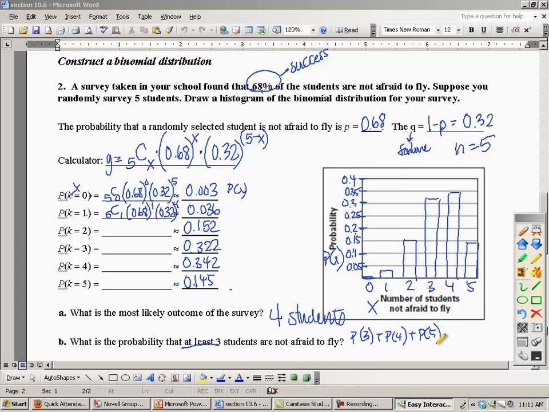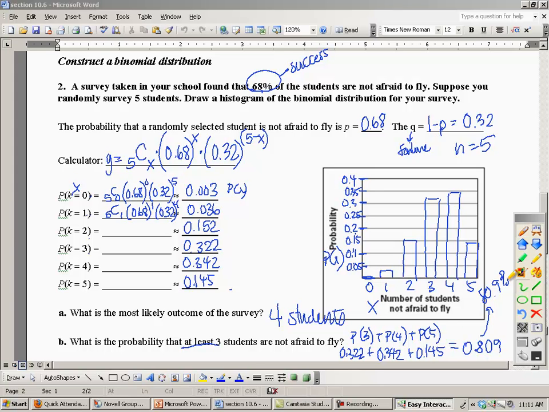And so you end up getting, let's do that, 0.322 plus 0.342 plus 0.145 equals 0.809. What that means percentage-wise, and you should know kind of what this means, is about 80.9% happens when 3 or more students aren't afraid to fly.